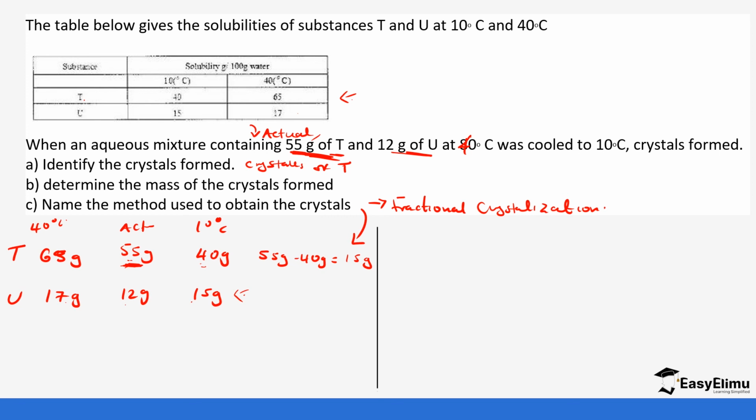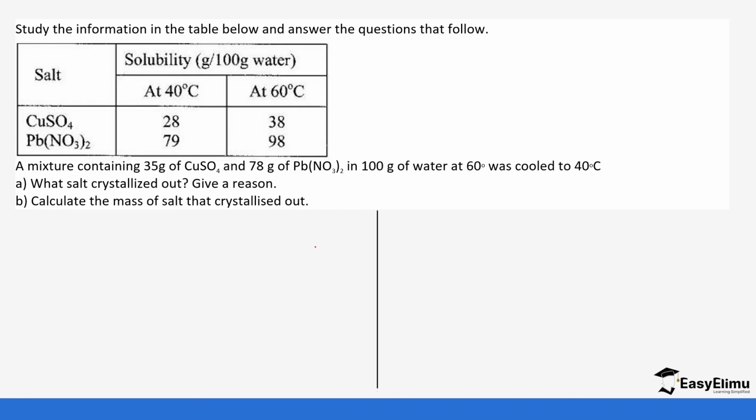Let's do one more last question. Study the information in the table below and answer the questions that follow. We have copper sulfate and lead nitrate. Copper sulfate dissolves 28 grams at 40 degrees Celsius and 38 grams at 60 degrees Celsius.